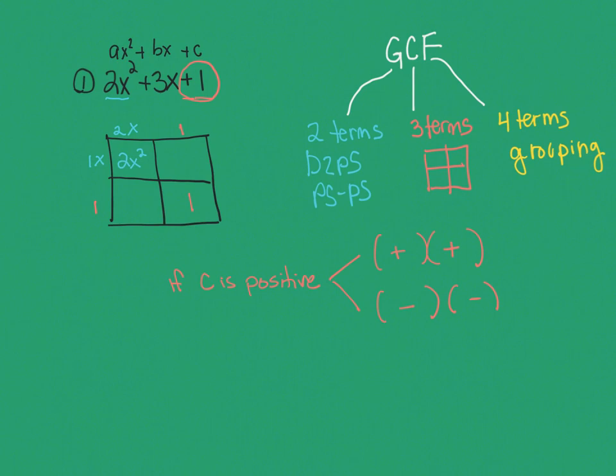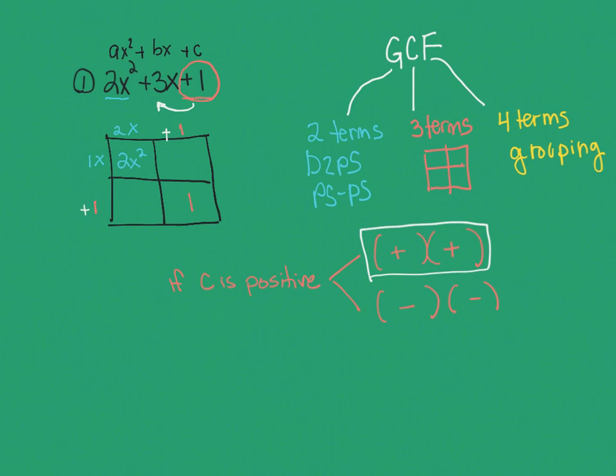How I can determine which is by looking at this middle term. If this middle term is positive, then I know that both of my parentheses are going to have to be positives. That's going to be helpful because I know that I'm going to put a +1 here and a +1 here.